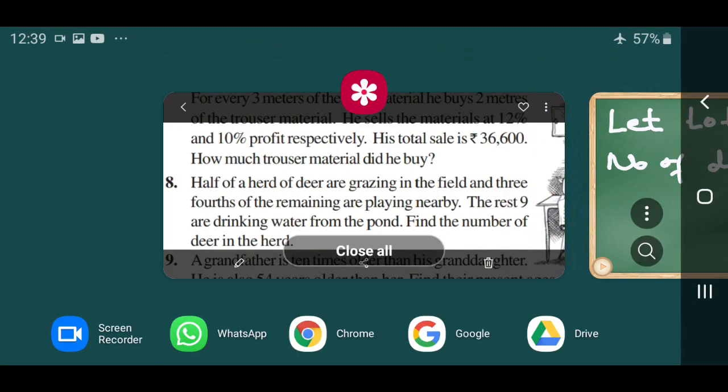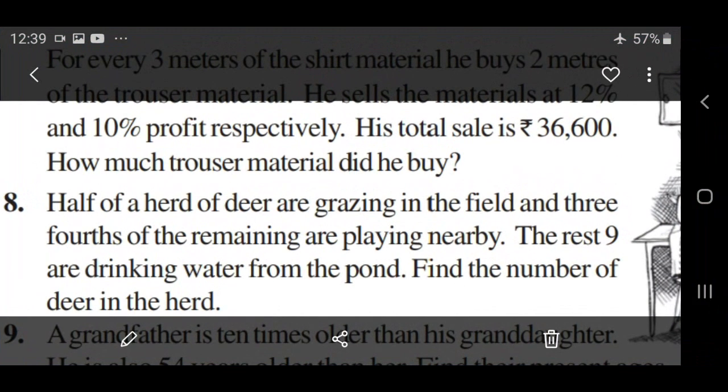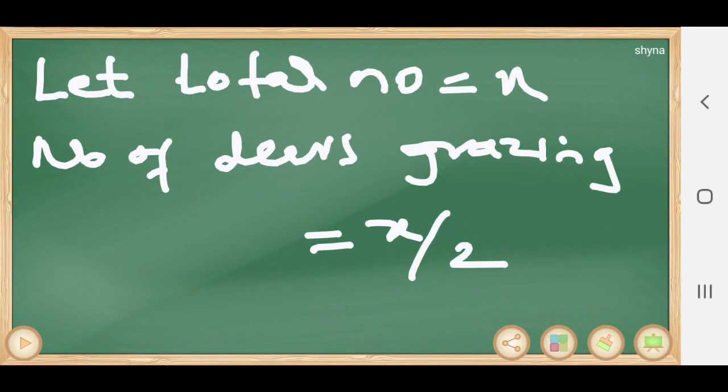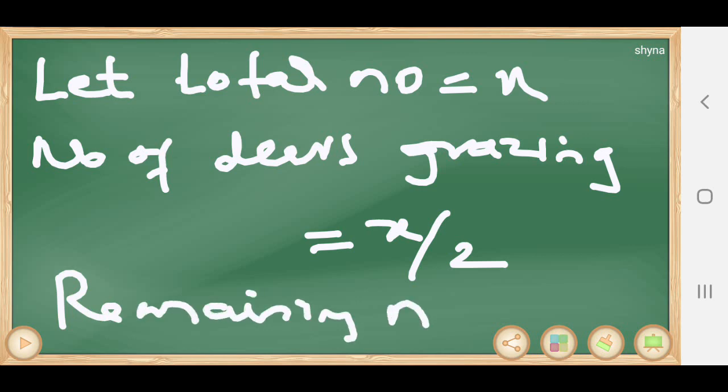What is the next condition given? The field is x by 2 and 3/4 of the remaining are playing nearby. Now how many are playing? x by 2 are grazing, so how many will be remaining there? The remaining number of deer equal to x by 2. Is it, dear children? Half are grazing, then the remaining means x by 2.